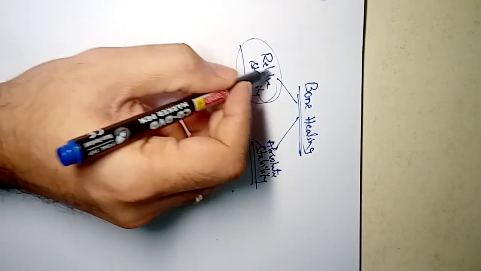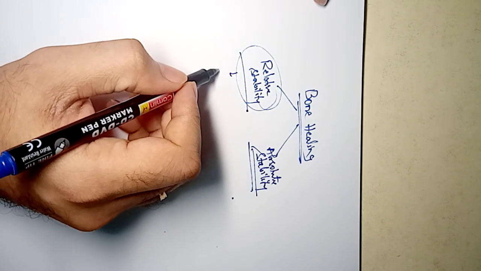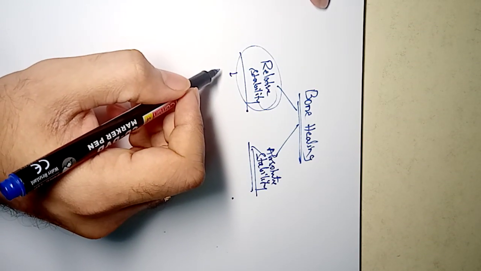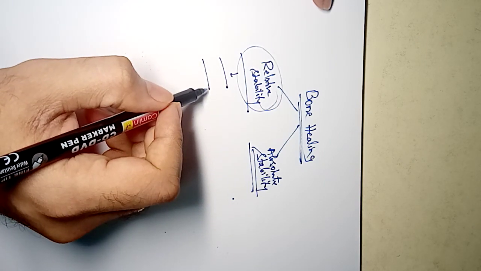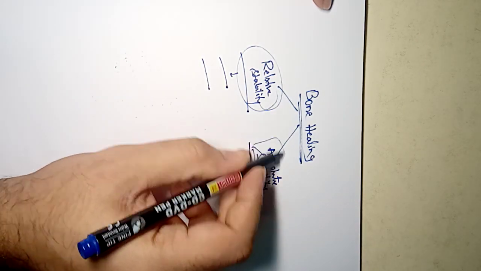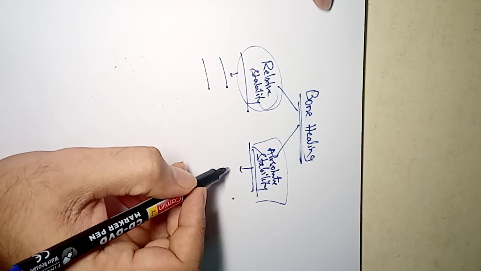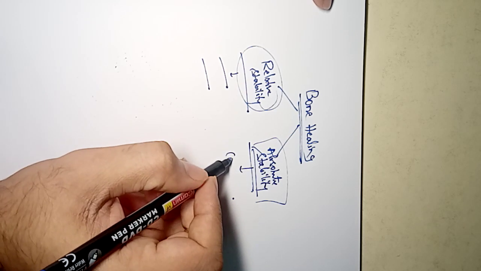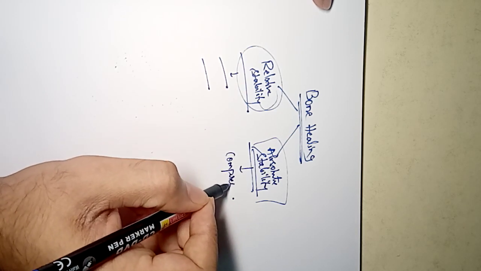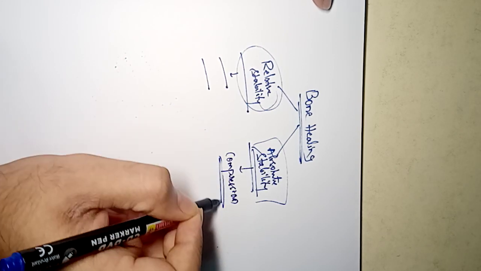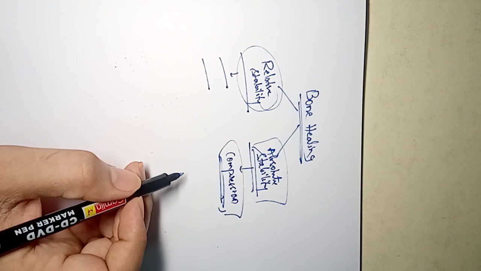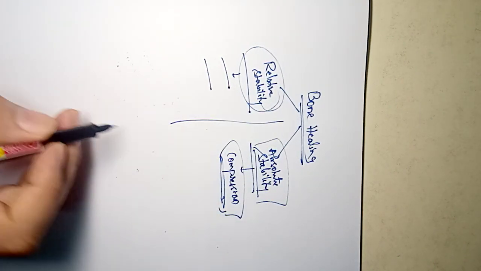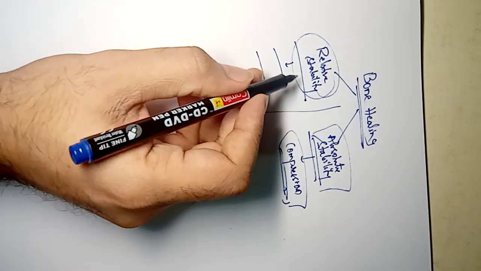Okay, so relative stability will include all the non-operative conservative methods and some of the operative methods. The absolute stability is one where there is a compression at the fracture site. Okay, so we'll come to them one by one in detail.